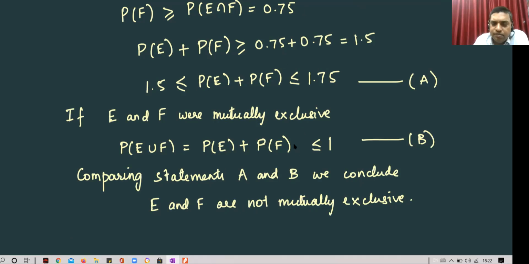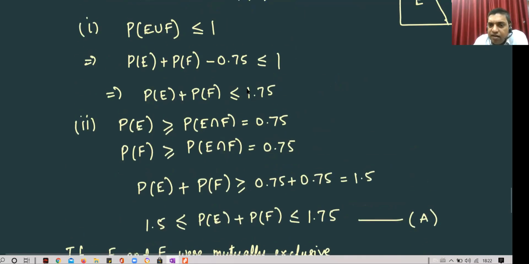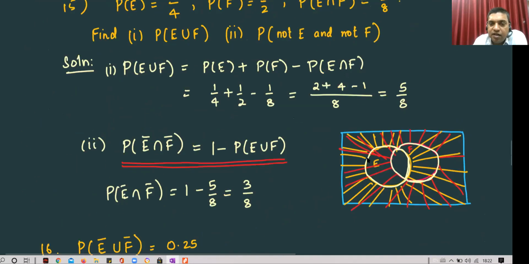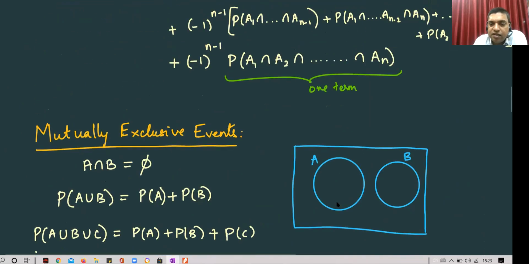See, I had this picture mentally. I didn't have to do all these steps. The picture that I had mentally was this: A union B. Mutually exclusive means there is no overlap. So the sum of them has to be less than the total sample space.